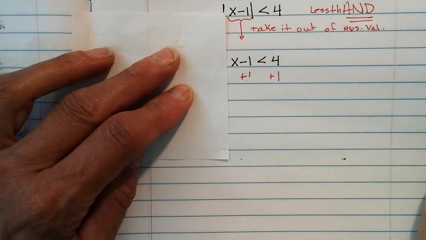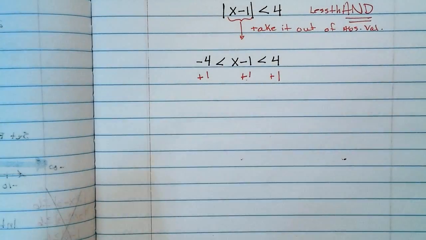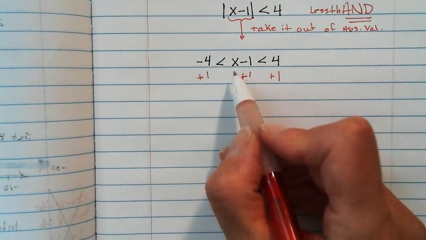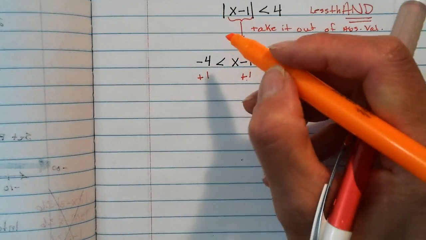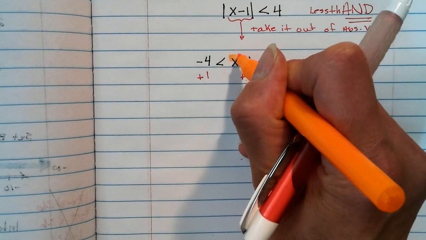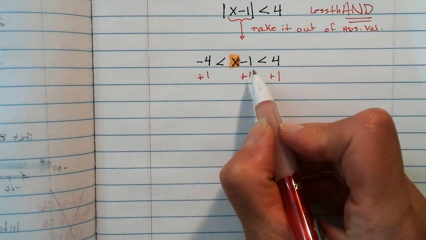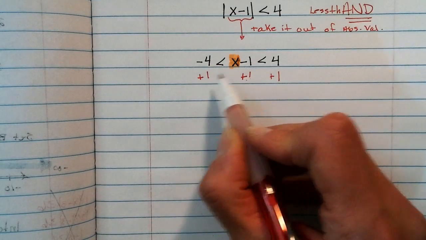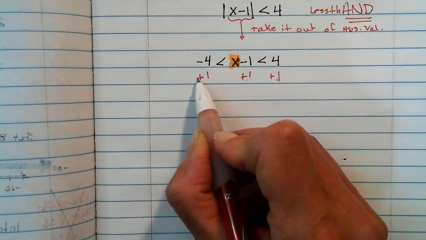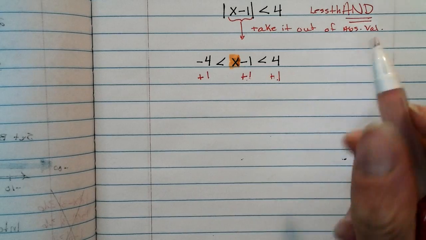If you notice, I'm looking at where my x is, and I want to get my x by myself. For and problems, the x's really need to be in the center. So now I add 1 to each section of my inequality problem.